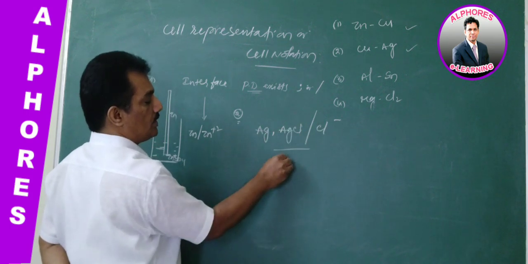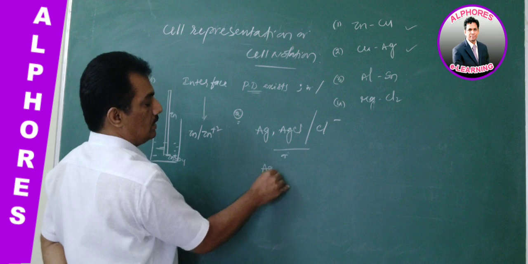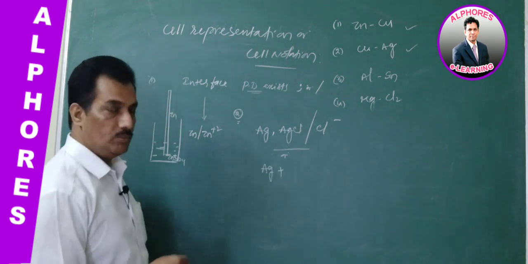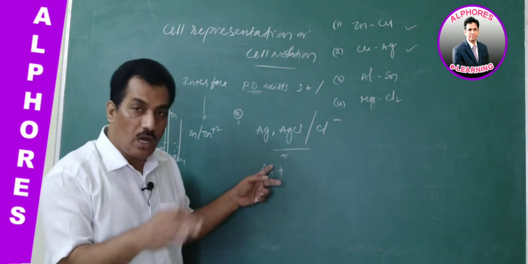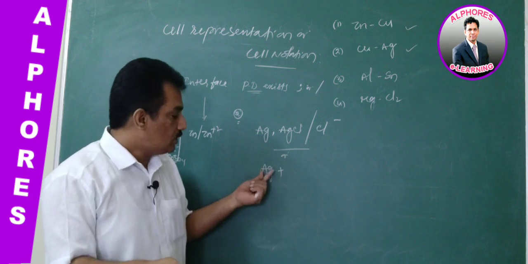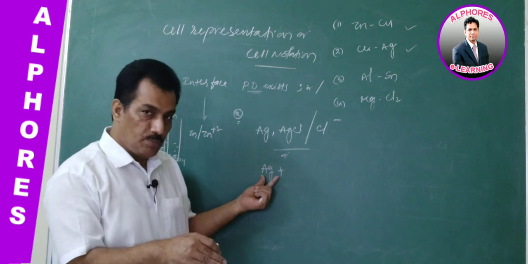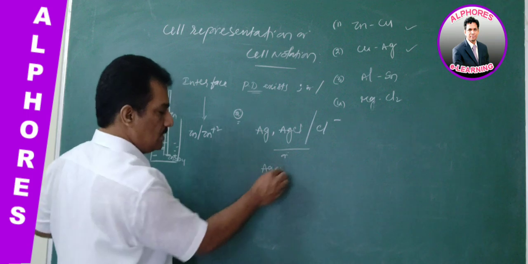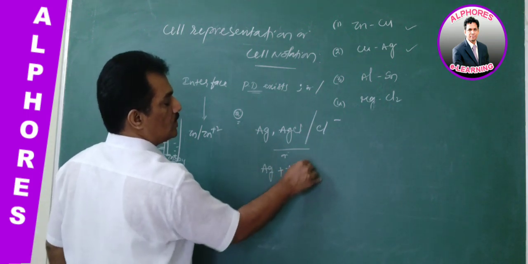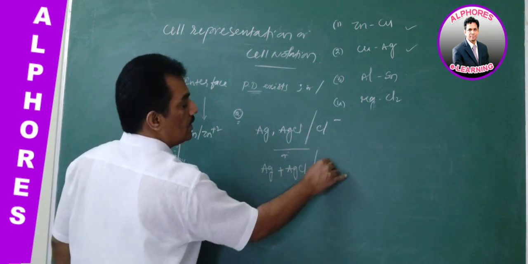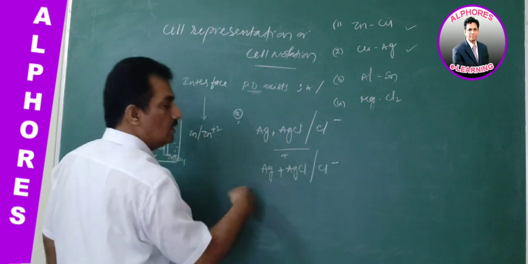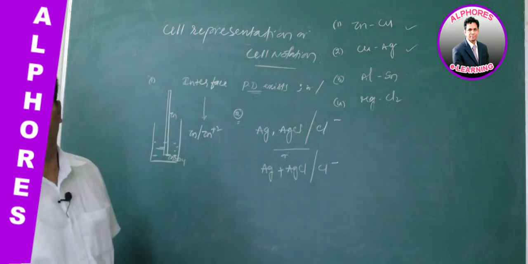It can also be represented as Ag plus AgCl, and you observe here, this is not the charge of the silver. Just we are considering Ag plus means Ag metal plus AgCl. These two together are forming the electrode.